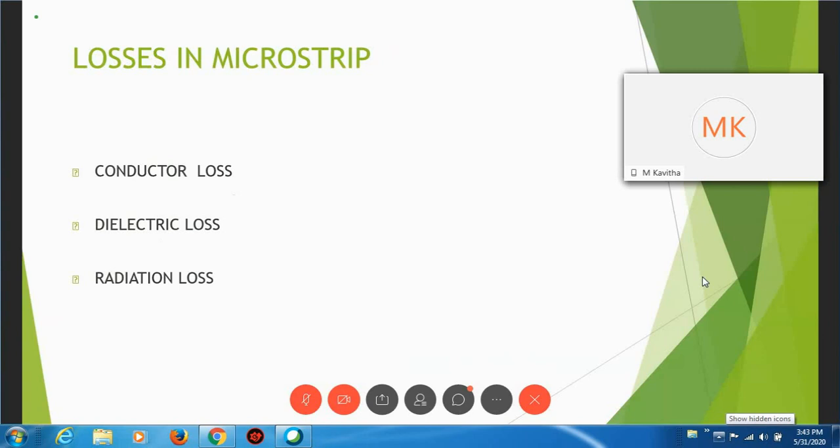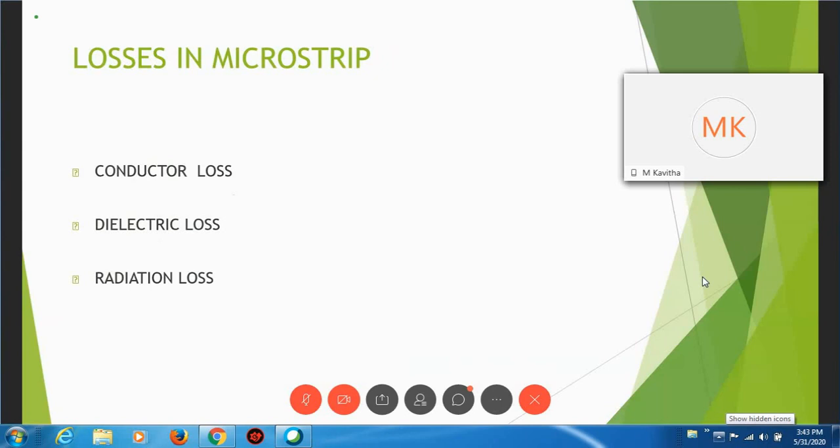Now, the important loss that occurs in microstrip lines is insertion loss. Insertion loss means that when we insert something on a transmission line, we get some loss, which is called insertion loss.